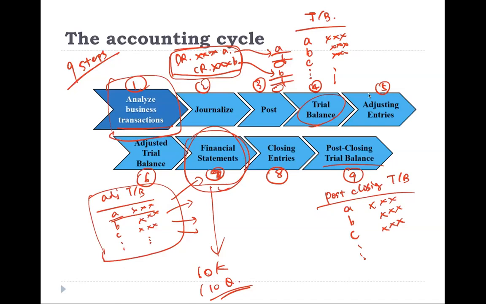If you are an investor in a firm, you do not get to see any of the 9 steps, except the output of step 7, which is the financial statement. As investors, you cannot see the firm's journal entries. You cannot see its accounts. You cannot see the trial balance. The only thing you can see is the financial statement and some other information that is disclosed in the firm's 10K or 10Q report.